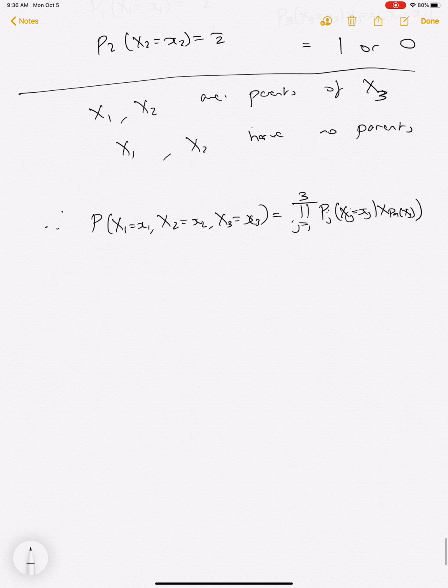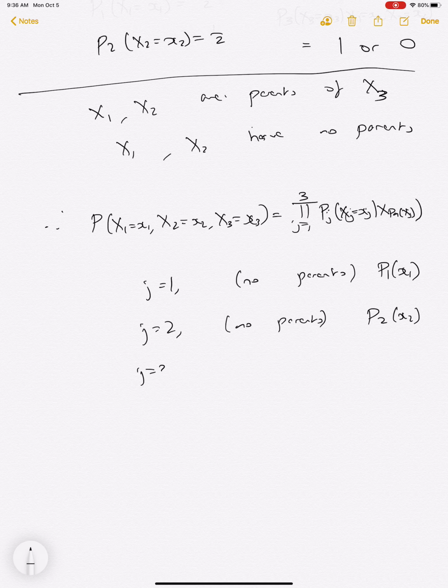So we can write this out as the product of each of these conditional PMFs given its parents. Here, when j equals 1, we have no parents, so we just get a marginal, P1 of x1. For j equals 2, we get no parents again, so we just get P2 of x2. And then for j equals 3, x1 and x2 are parents, so we get P3 of x3 given x1, x2.